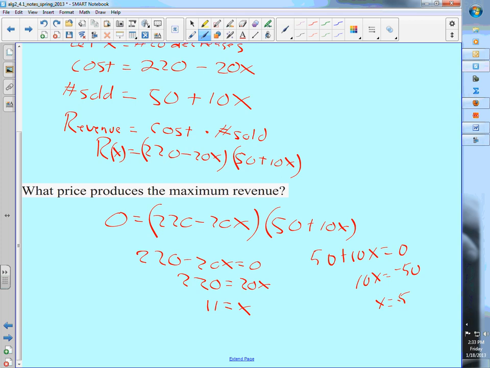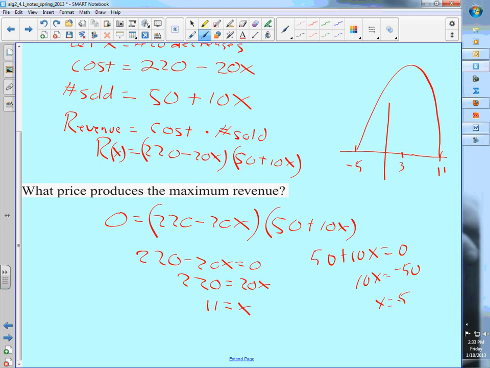What's halfway between 11 and negative 5? Here's negative 5, here's 11, because our graph's going to look like this. Halfway between, add them up and divide by 2. 3.